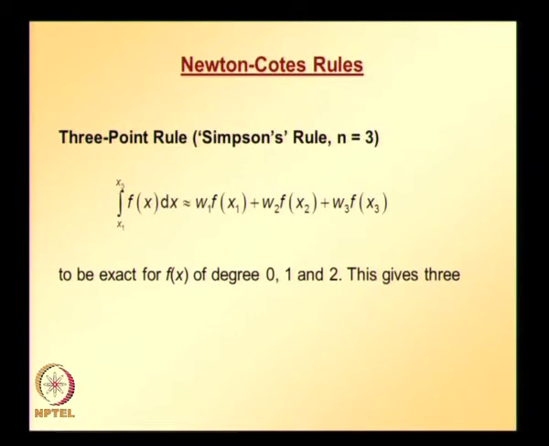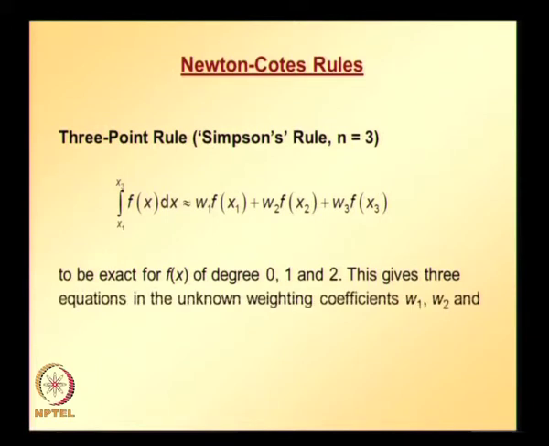The procedure that we are going to follow for evaluating these weights is a general procedure, which also helps us to understand how in Gauss quadrature the locations of integration points and weights are obtained. Simpson's rule is going to be exact for a function of degree 0, 1, 2, and this gives 3 equations in 3 unknown weighting functions w1, w2, w3.